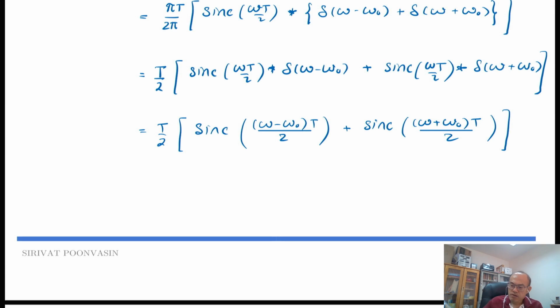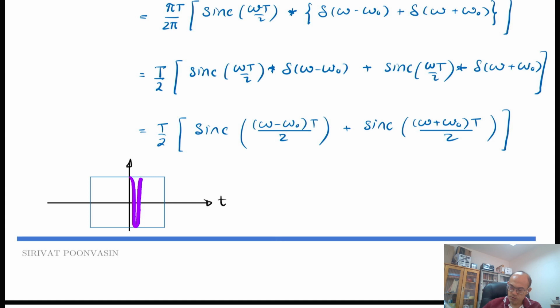Now, if we plot the graphs of these two signals, for the time domain signal, the graph would be like we have a rectangular of width T. The inside of this rectangular is a cosine function. So it is a cosine function that extends from minus T over 2 to T over 2.